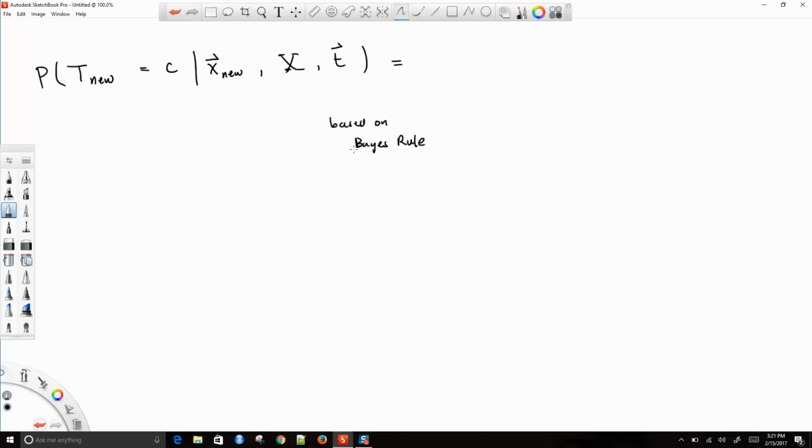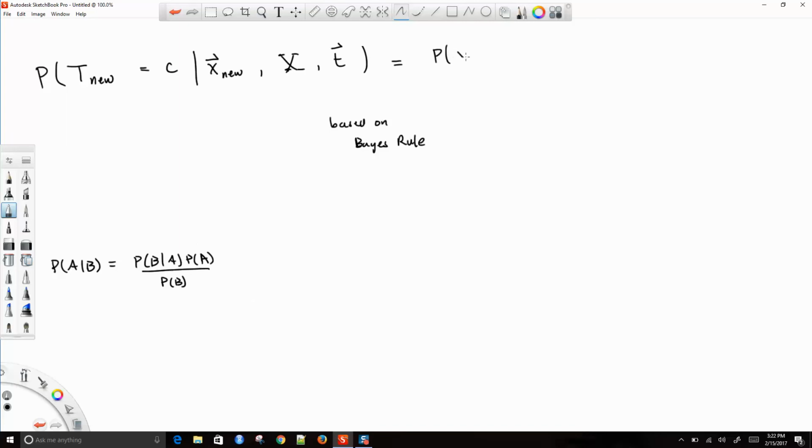Right? So if we remember Bayes' rule, we have the probability of A given B is equal to the probability of B given A times the probability of A, over the probability of B. So we're basically going to apply this type of thing here.